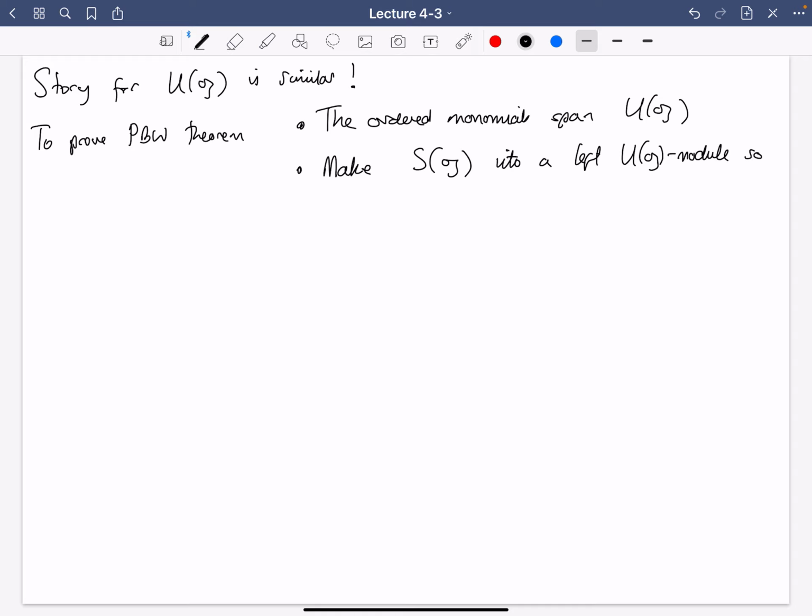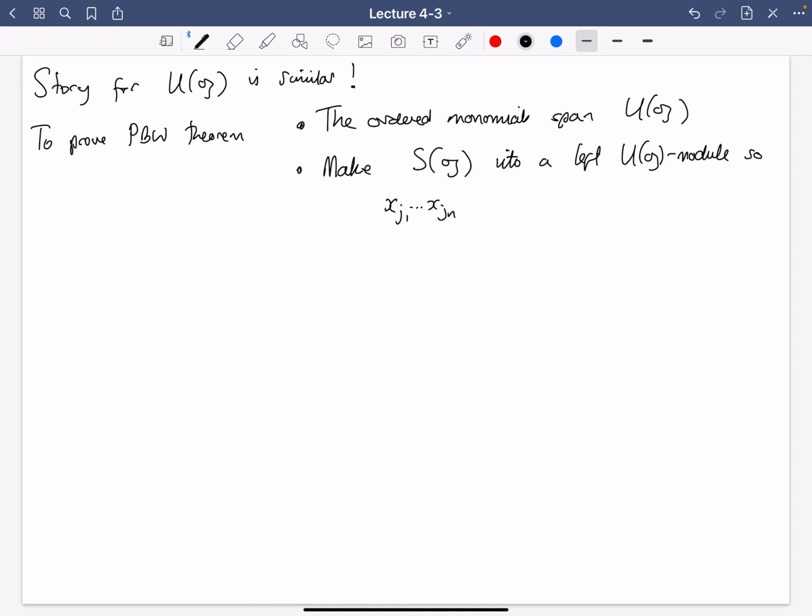I'm not going to distinguish between elements of G or U of G or S of G. I'm abusing notation a little bit because otherwise it really gets out of hand. So if you take a monomial in the symmetric algebra, right? The symmetric algebra is just the polynomial algebra in our basis.